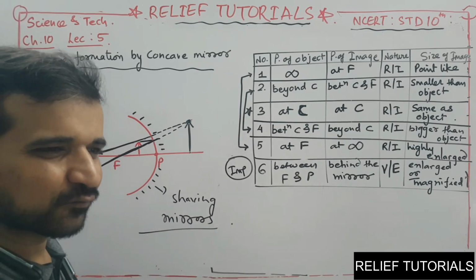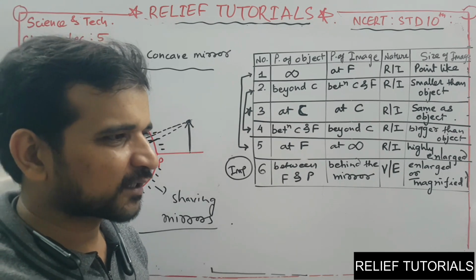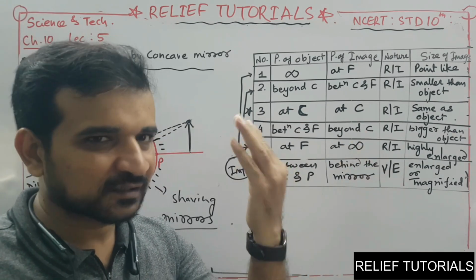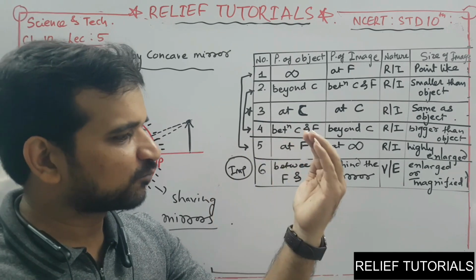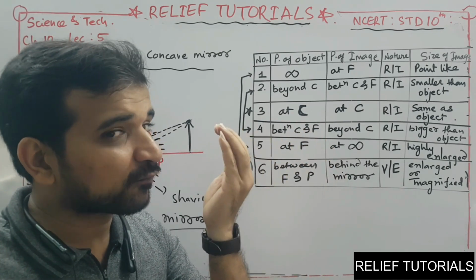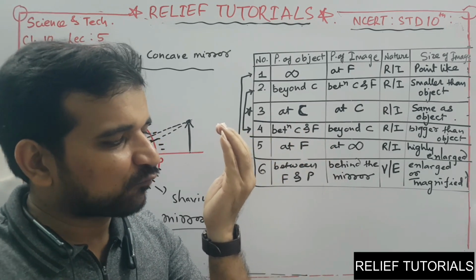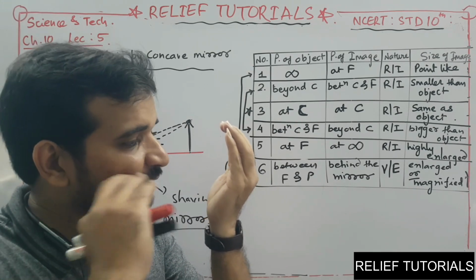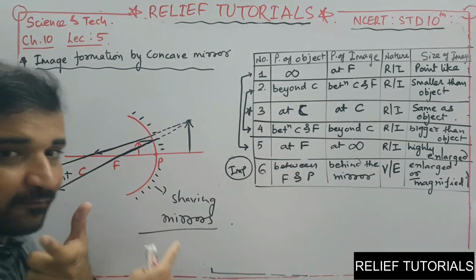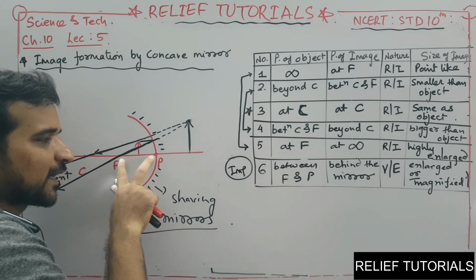In the shaving mirrors, what is the logic behind this? When you are shaving, you have to consider this one, the concave mirror. You have to bring the concave mirror close to your face. Because why, or in which condition can I see my face behind the mirror?